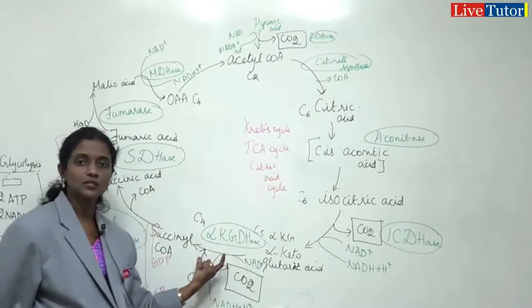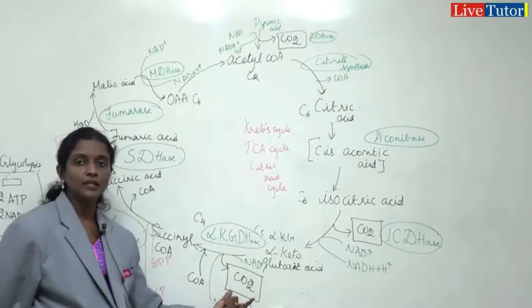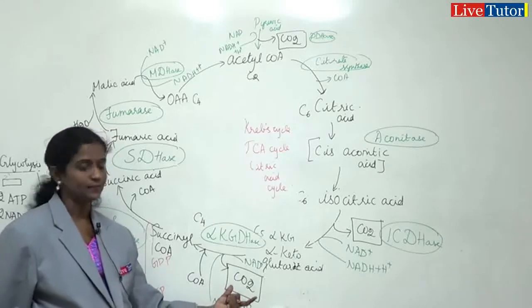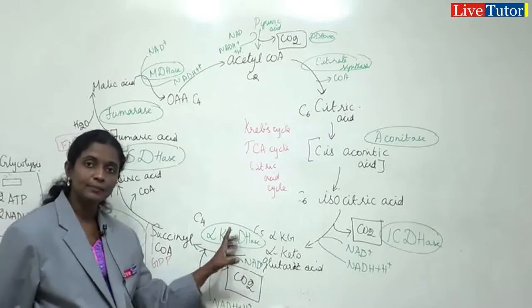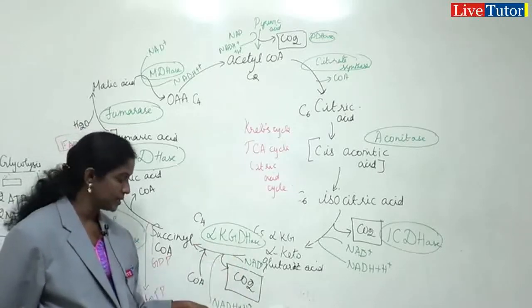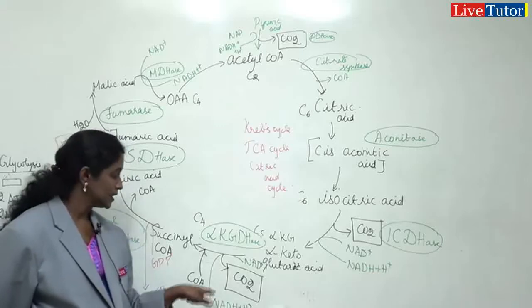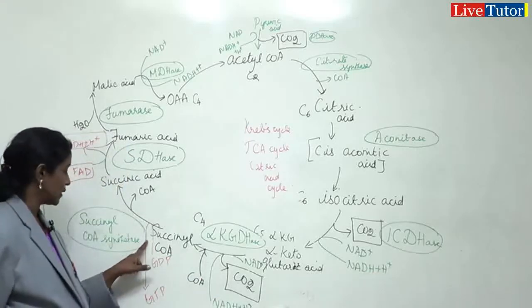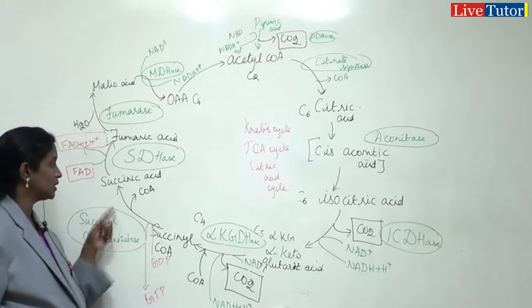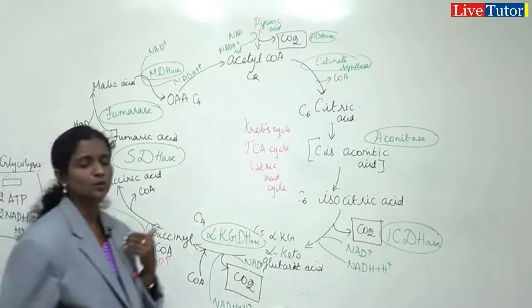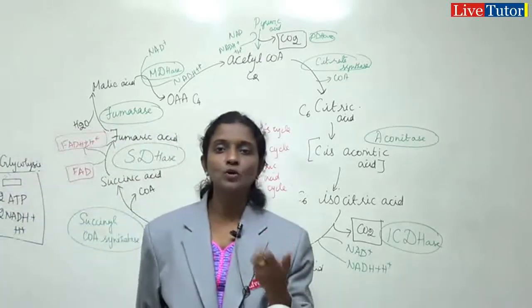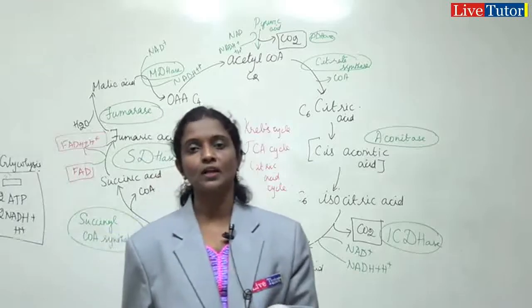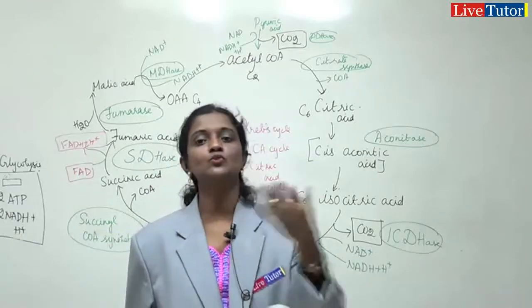Whenever dehydrogenase is involved, we are already aware there is going to be reducing equivalent NAD involvement. So NAD is going to come in, pick up the hydrogen atoms, and become NADH plus H plus. Then CoA got added, and it became succinyl-CoA. Succinyl-CoA will be converted to succinic acid. Whenever CoA is added, it promotes metabolism. You'll be wondering why CoA should be added and why CoA should be removed.